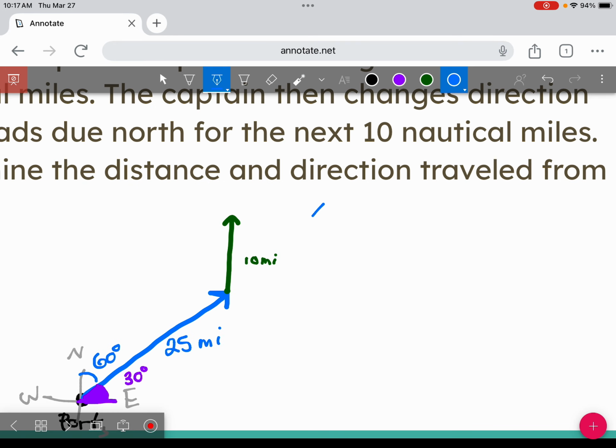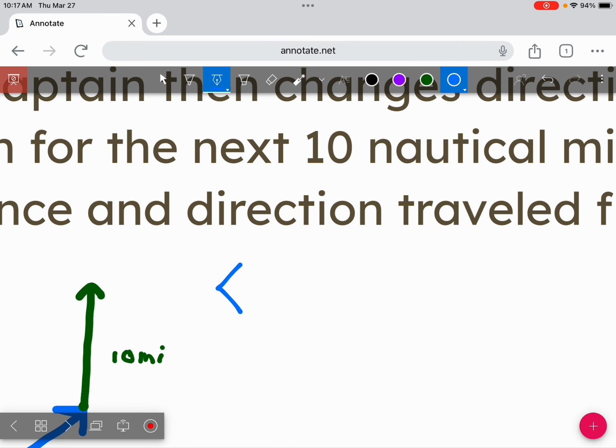So when we're putting together the vector for the blue piece, we use magnitude, which is the distance, times cosine of the angle, and magnitude times sine of the angle. So we can write this vector as our distance, that magnitude of 25, cosine of the angle, which we said was that 30.